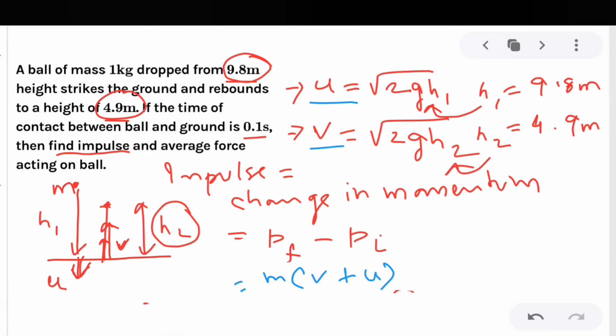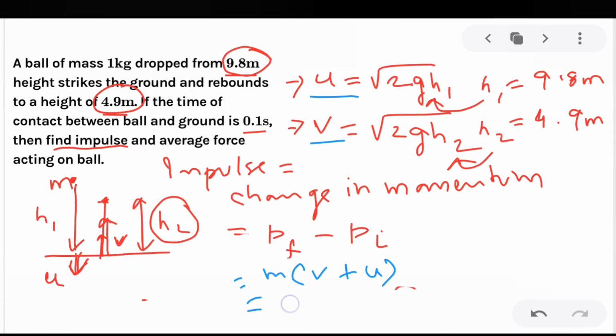Now if you substitute and then calculate, you will get this to be 23.52 Newton second. So this is the impulse.